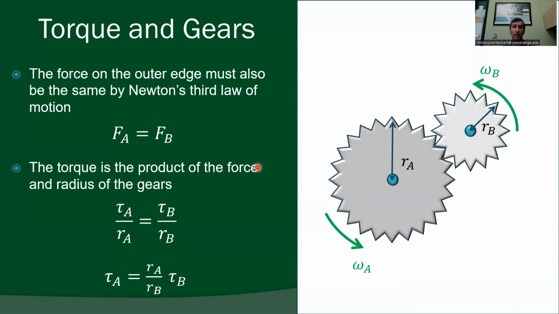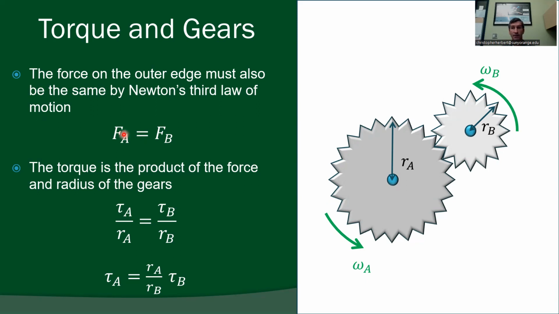Gears are very, very important in changing the torque, because if this gear is rotating slower than this gear right here, okay, we will have different amounts of torque, which are based on the radius here. So again, the force on gear A is equal to the force on gear B. The force happens right at the spline right here where they come in contact with one another. We know that force is going to be related to torque.